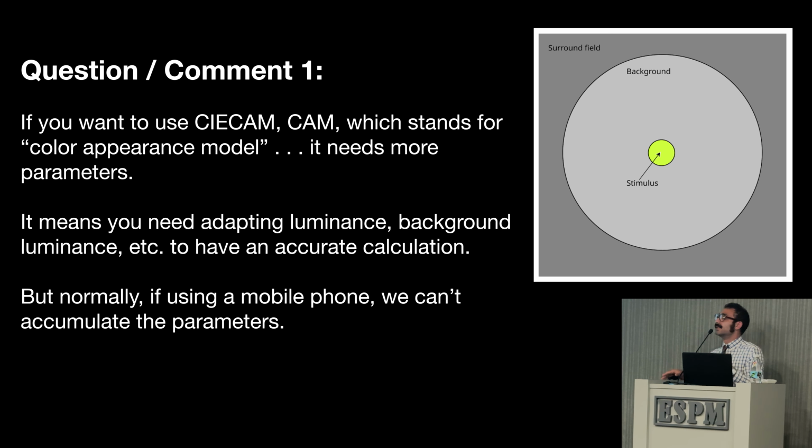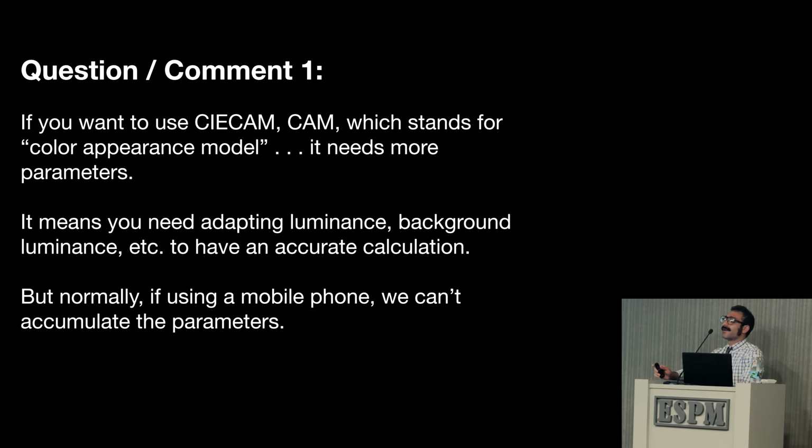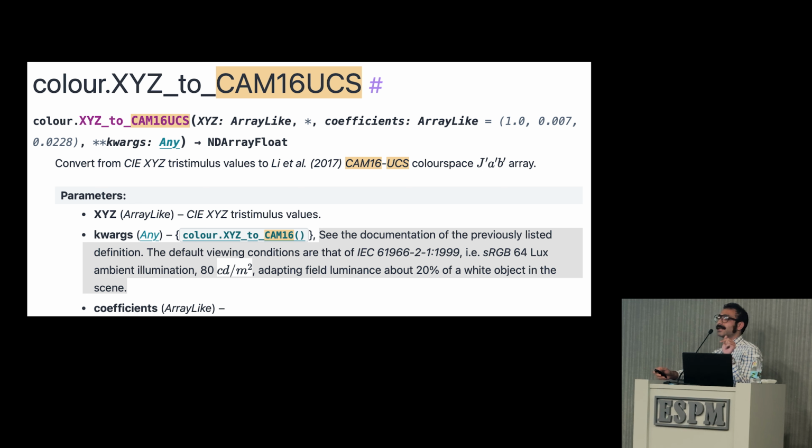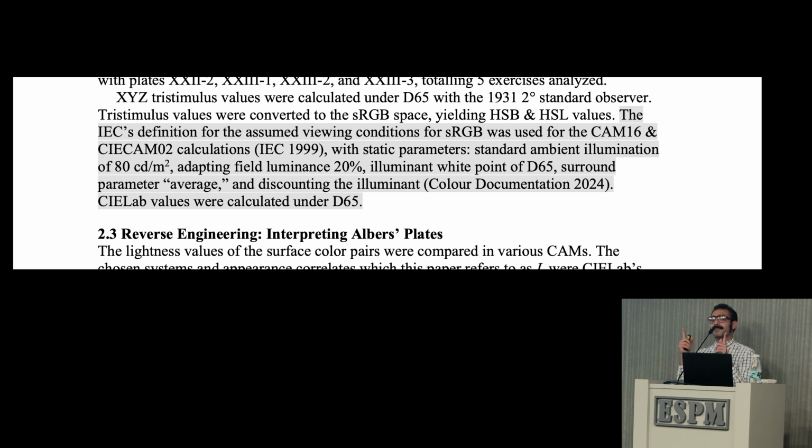You can't calculate it. But when I was looking at the colour-science for Python package, it was in the CAM16-UCS page in the documentation that I noticed that CAM16-UCS actually uses a set of static parameters. It was 80 candelas per square meter for adapting luminance. I think it was discounted. I have the specifics in my paper of what the parameters were.